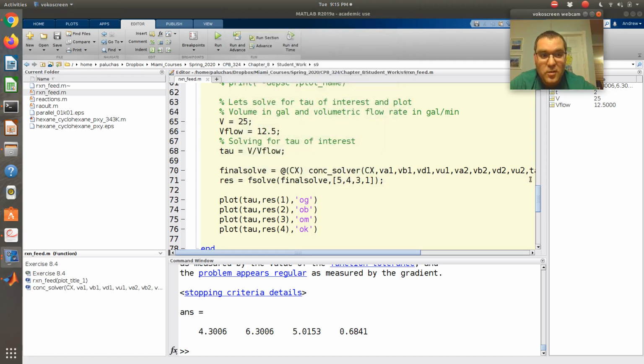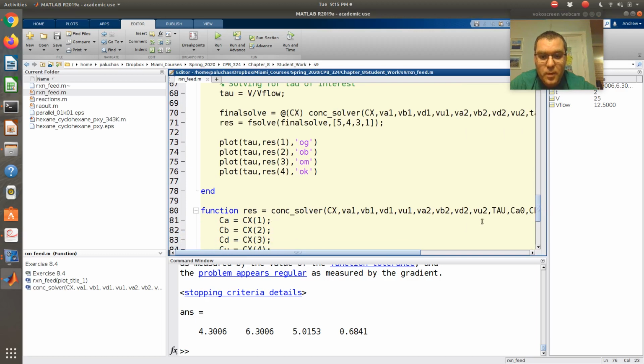So again, the selectivity would just be the ratio of my desired product relative to my undesired product. And fractional conversion in my limiting reagent, which would be A, would be concentration of A going in minus concentration going out, relative to the concentration of A going in. So I'd want to compute those two values and return those as well.